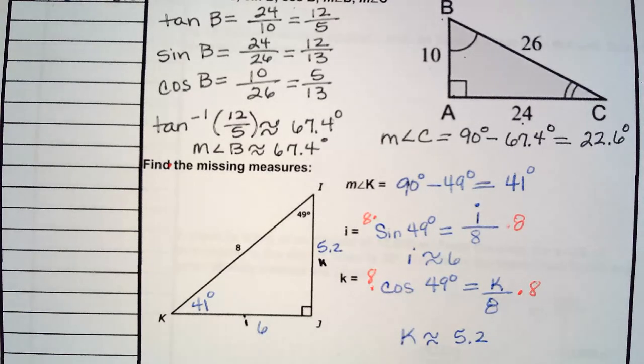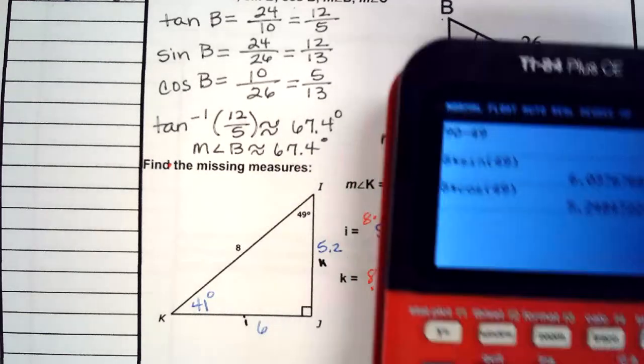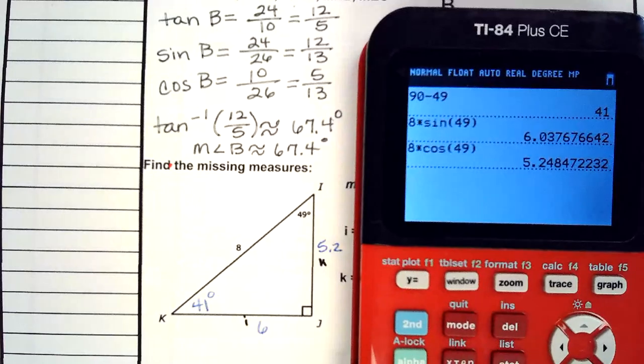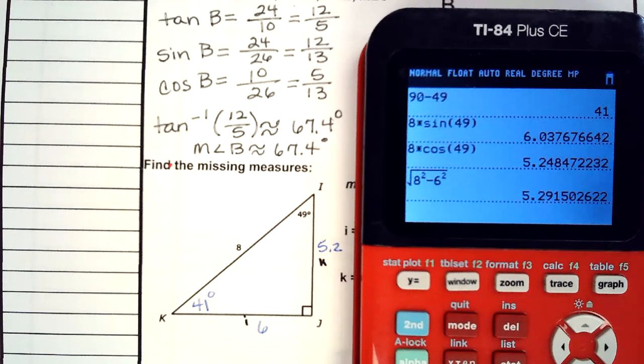Okay, now thinking a little bit harder, what if I would have tried to use the Pythagorean theorem? I've got my hypotenuse and I am looking for a leg, so that means I will subtract. It would be 8 squared minus 6 squared. Hit enter and it's 5.29. So I'm a little bit off with the sine, cosine, and tangent ratios.